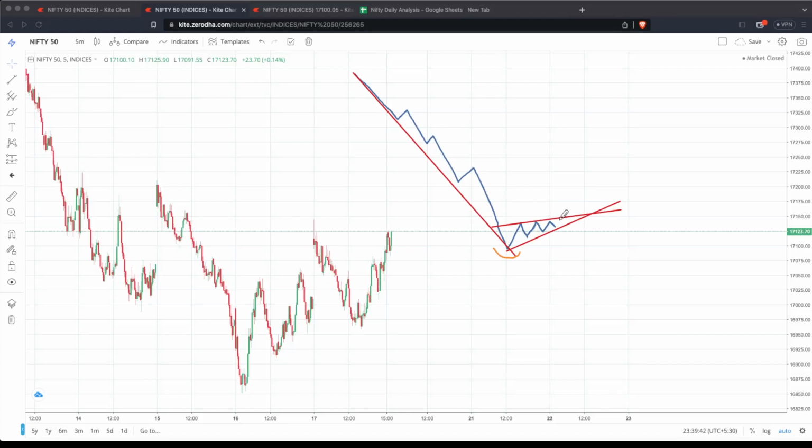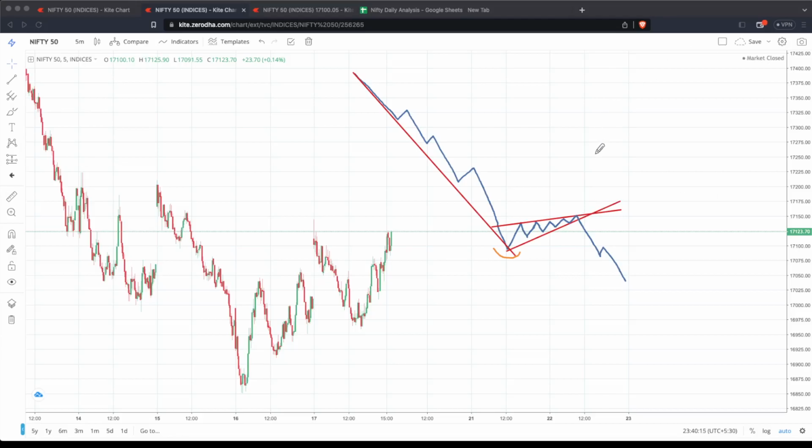Every time they try to push the price up, the bears push them down. The bulls hold it for some time, and there will come a point where the price will break the bottom line of the wedge, and it will fall and make an even lower low than the previous low. So this is how a rising wedge pattern in a bear market typically works out.